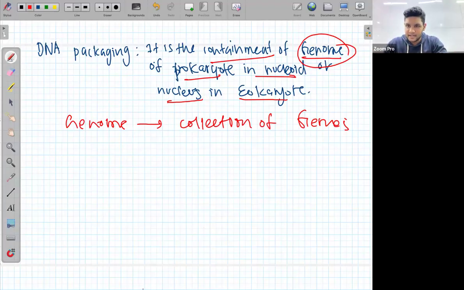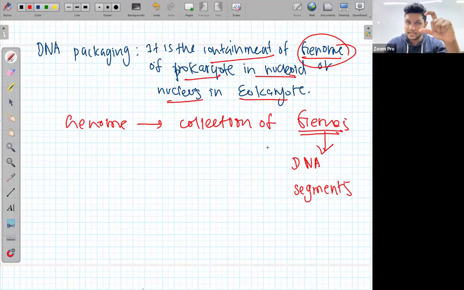Genes means remember them as DNA segments, not DNA alone. They are DNA segments. It might contain several DNA segments. So a collection of genome means a collection of genes. Genes means DNA segments.